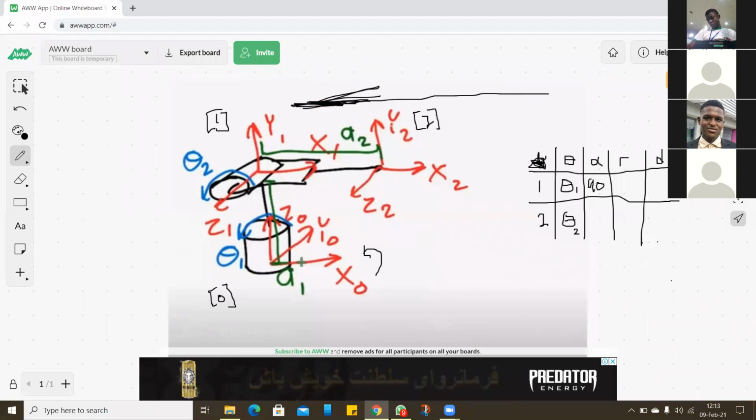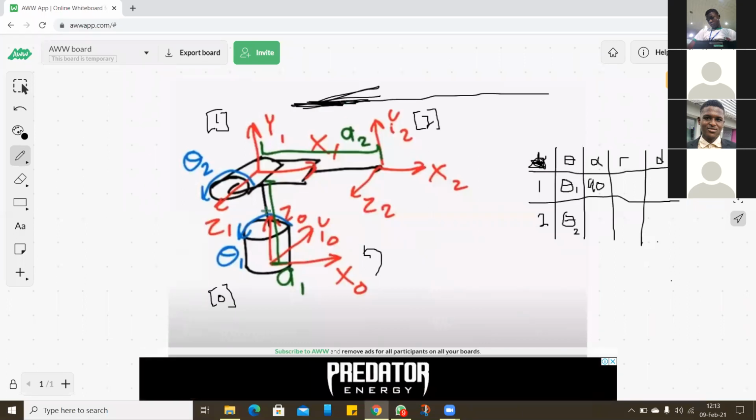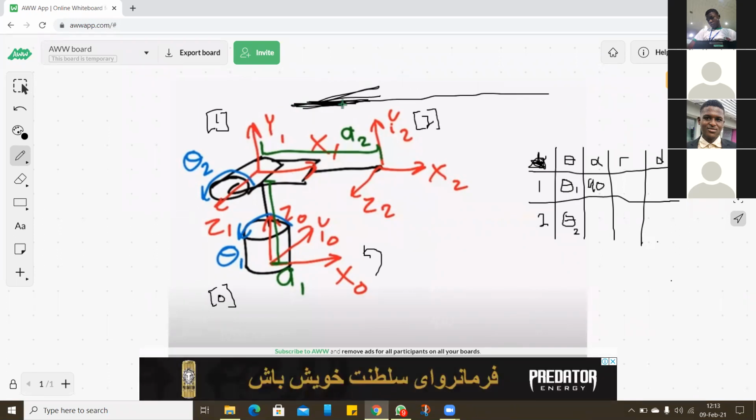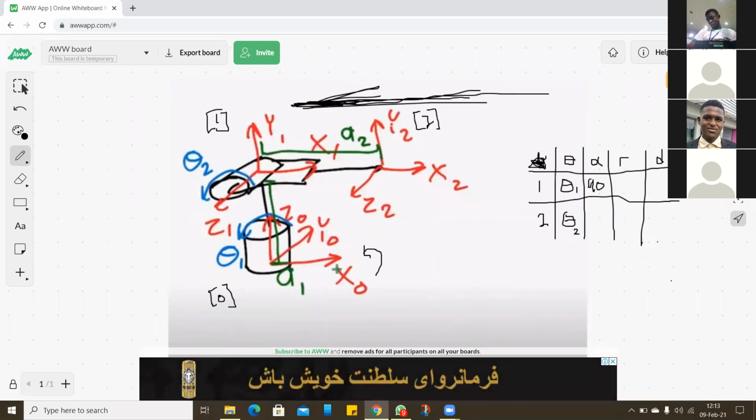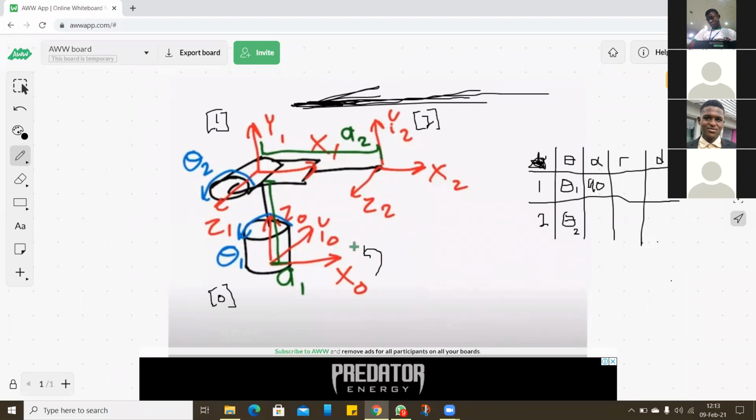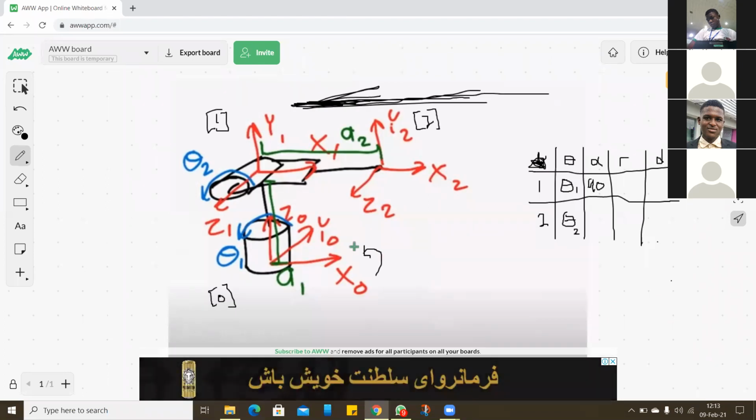We are rotating this angle with respect to this angle in this direction, and we must keep to this direction, irrespective of whatever it is. So the only way we can rotate this to this along this direction is to bring this one like this, in the anti-clockwise direction, and that's positive 90. Is that okay?